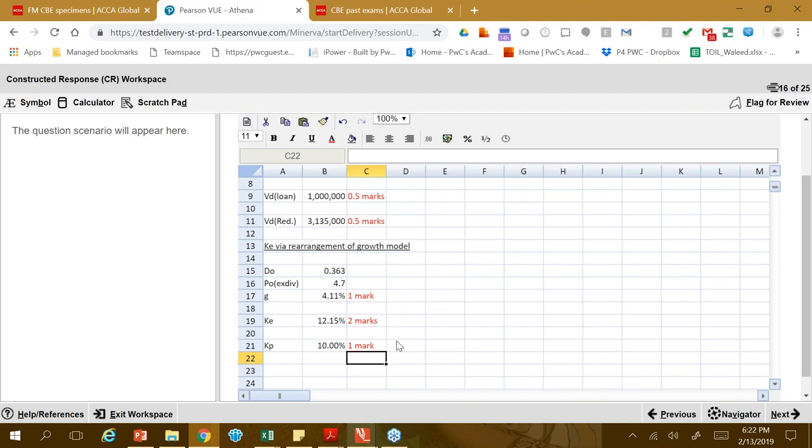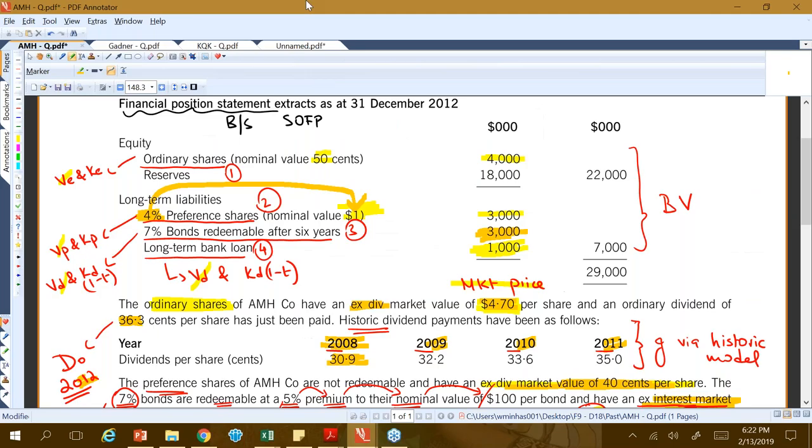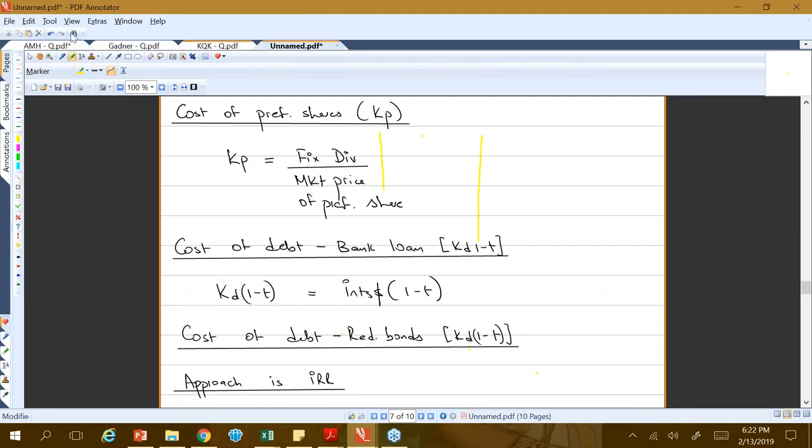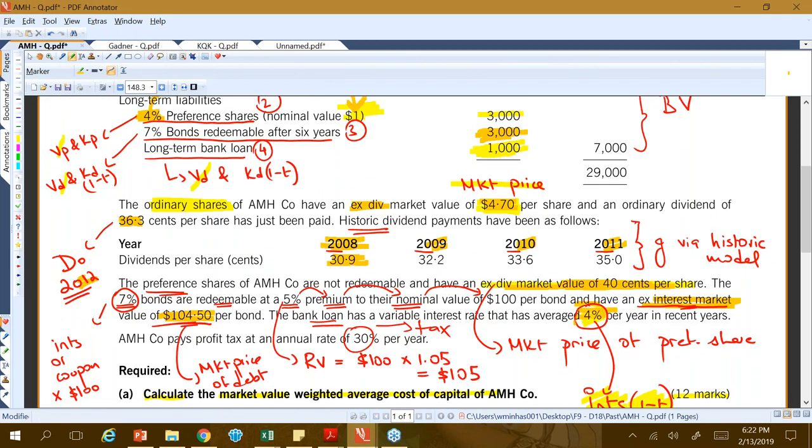The bank loans are also extremely easy. When we think of the bank loans, we simply take interest times 1 minus the tax. The interest on the bank loans here was given as 4%, and the tax rate, remember, was 30%.